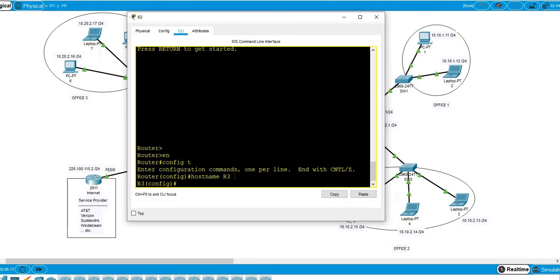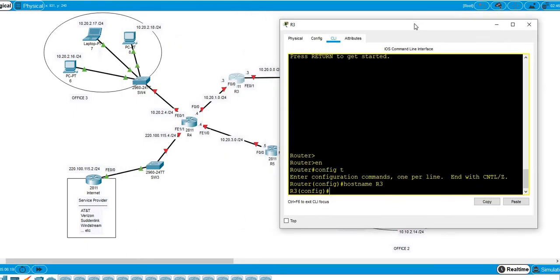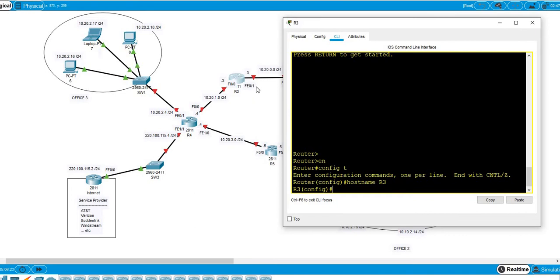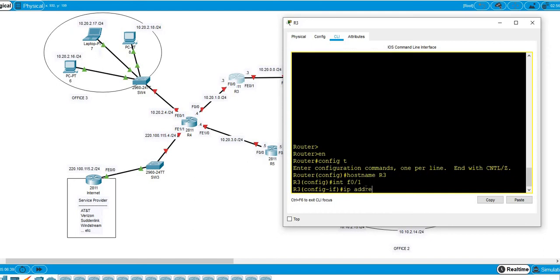R3, going to do the same. R3 has two interfaces, fast Ethernet 0/1 and fast Ethernet 0/0. One facing towards R4 and this one facing towards R2. So interface fast Ethernet 0/1, IP address 10.20.0.3, these three right here, 255.255.255.0.